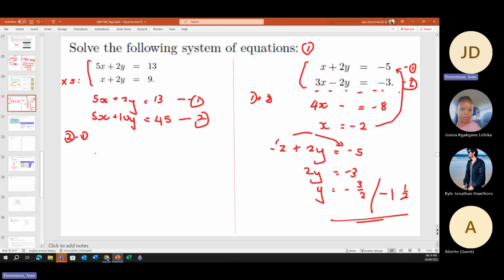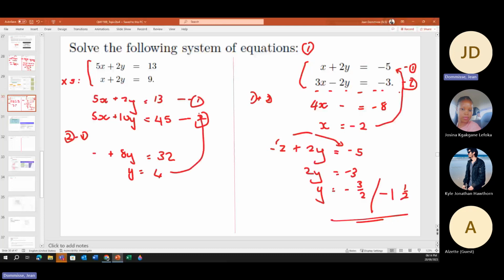So 5 minus 5 is 0. 10 minus 2 is plus 8y. 45 minus 13 is 32. Then I can say, well, let's solve for y. Divide by 8 on both sides, so y is equal to 4.